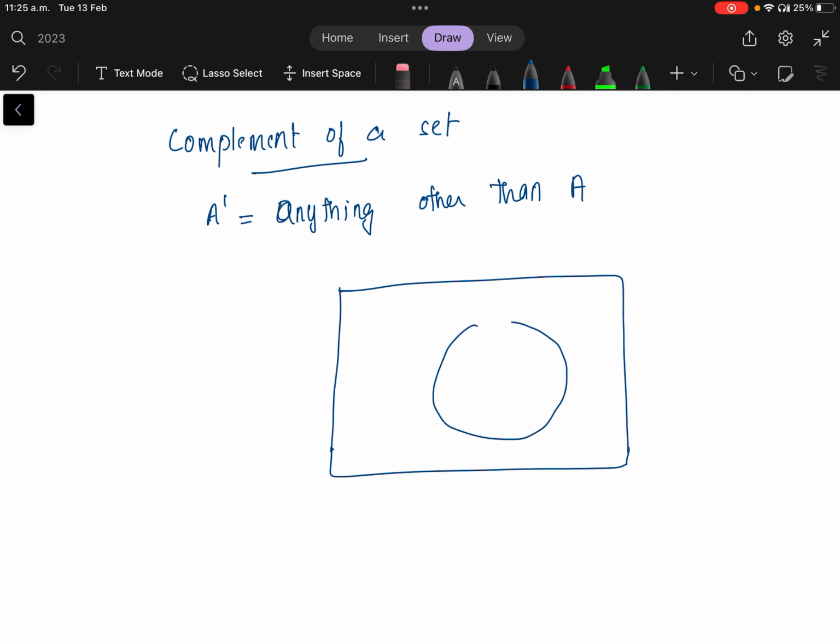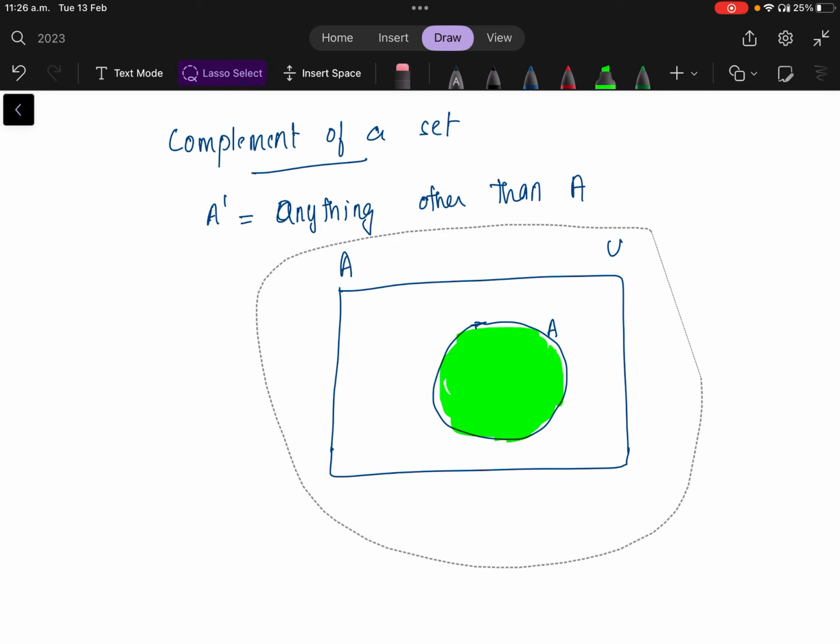Suppose you have the universal set like this and this is the set A. The set A is always denoted by whatever is inside. Whenever we learn sets, you think of them in circles. So this is set A. Let me just write it down so that we don't get confused, and I will show you A complement parallelly.